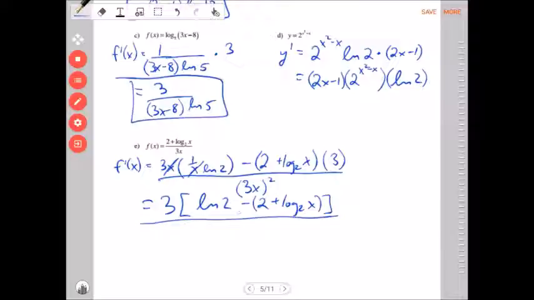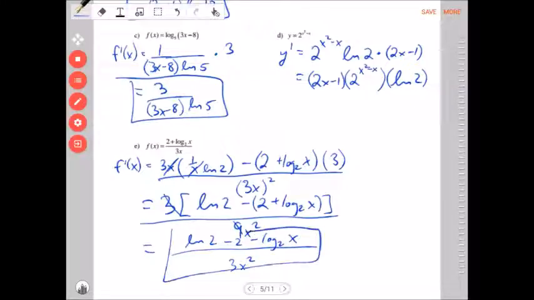All over, well, 3x squared is just 9x squared. So the 3 and the 9 reduce. So there's just now a 3x squared on the bottom. And then on the top, we get ln 2 minus 2 minus log base 2 of x. So there is our derivative for that one.